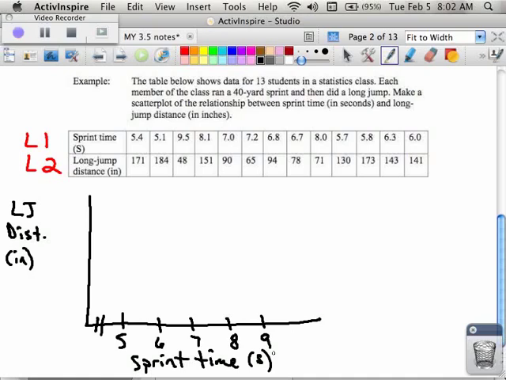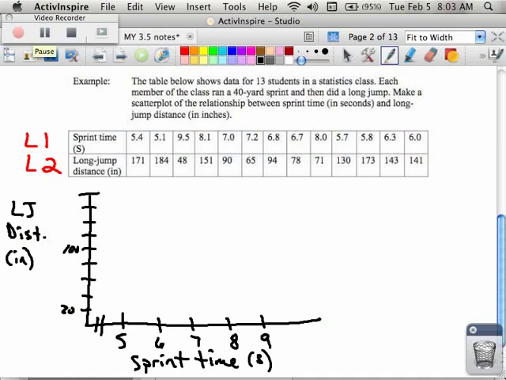And then if I'm looking at my long jump distance, knowing that I go from 65, it looks like, to how much? 48. Oh, sorry, yeah, 48, all the way up to 184. Maybe I'll just go up by 20s, I don't know. So 20, 40, 60, 80, 100, 120, 140, 160, 180.